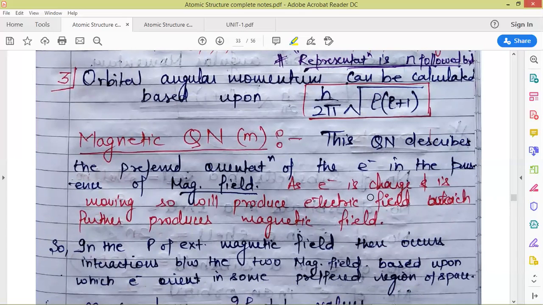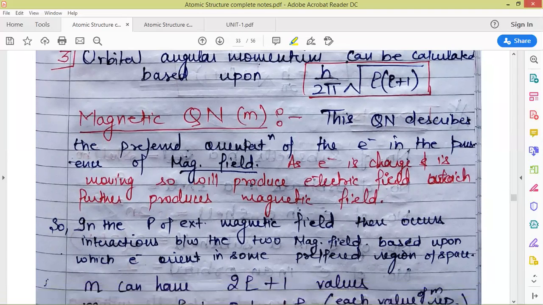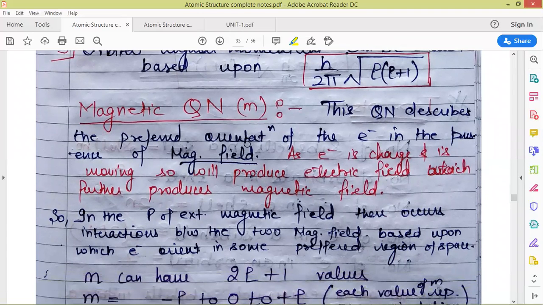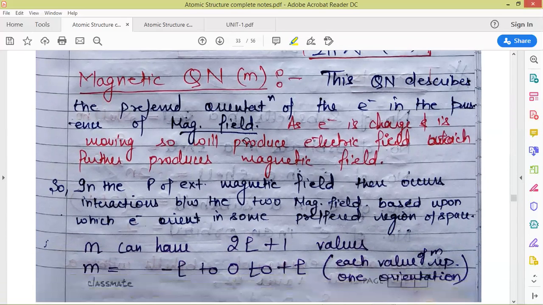Next we have the magnetic quantum number, which is represented by small m. This quantum number describes the preferred orientation of the electron in the presence of a magnetic field. Let me explain it further. As the electron is a charged particle and is moving, it will produce some electric field, which further produces some magnetic field.